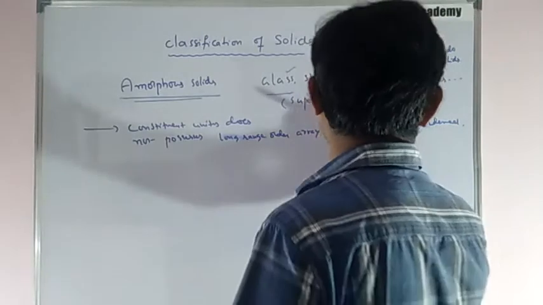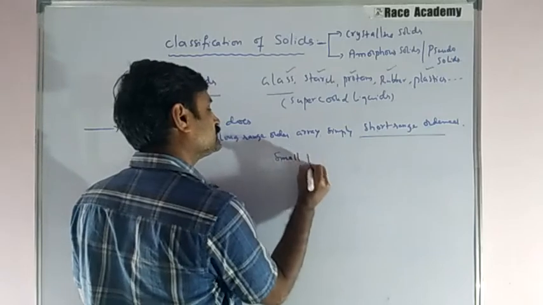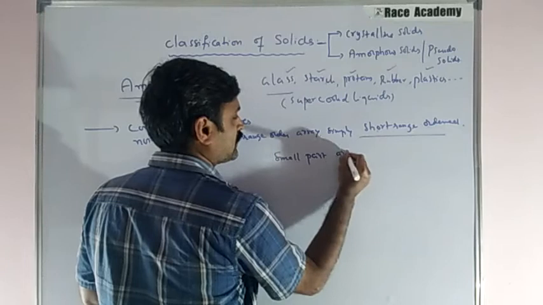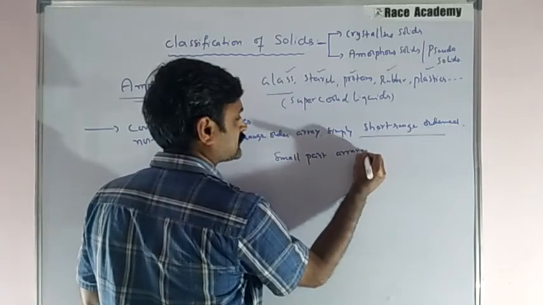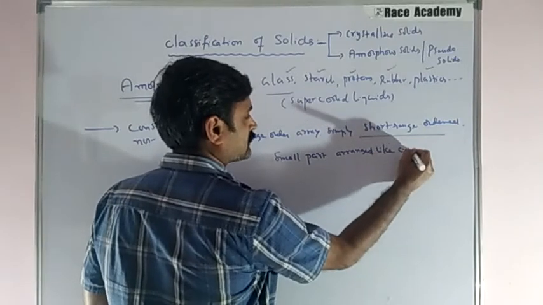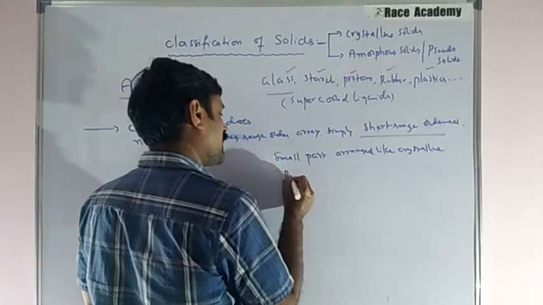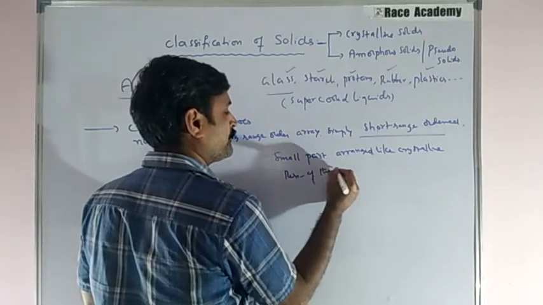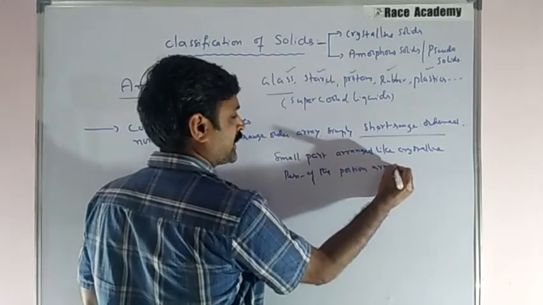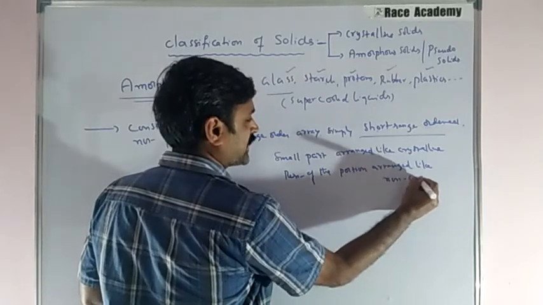So the meaning of short range arrangement is that a small part is arranged like crystalline, and the rest of the portion we can say is arranged like non-crystalline.